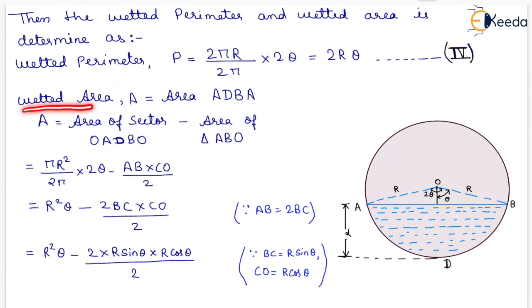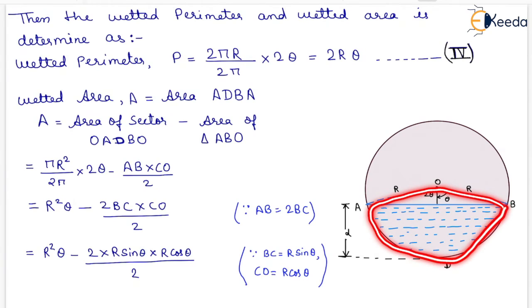Now wetted area A equals the area ADBA, shown here. A will be equal to the area of sector OADBO, minus the area of triangle ABO. So it will be equal to πr² upon 2π into 2θ minus AB into CO by 2.